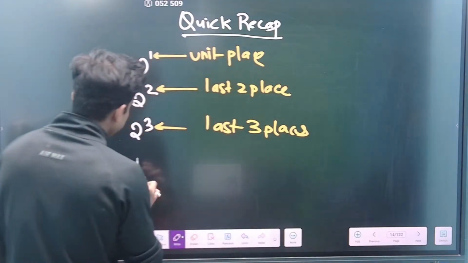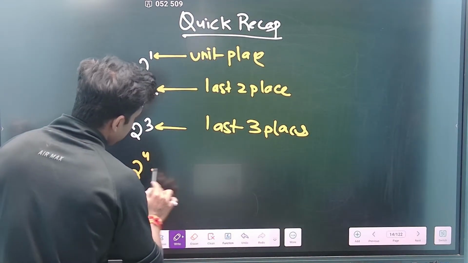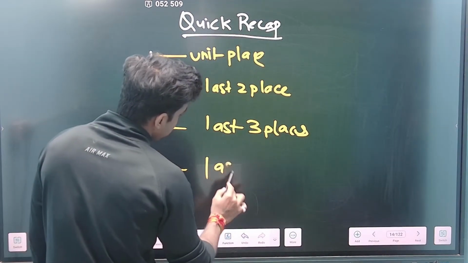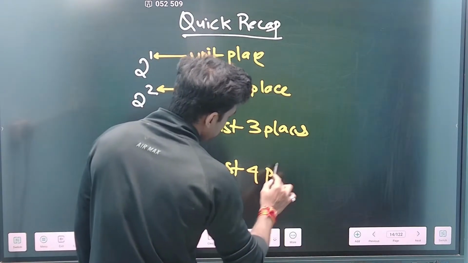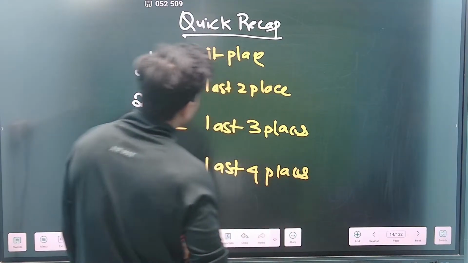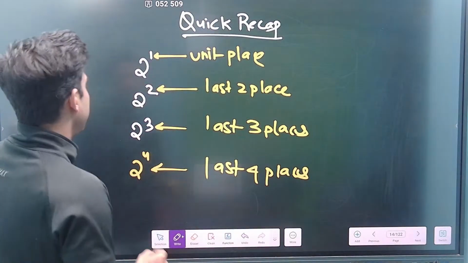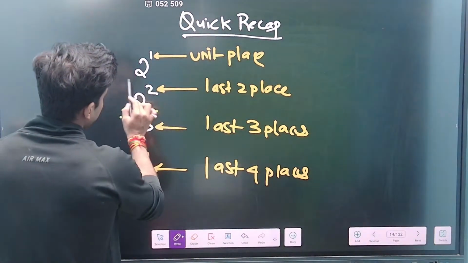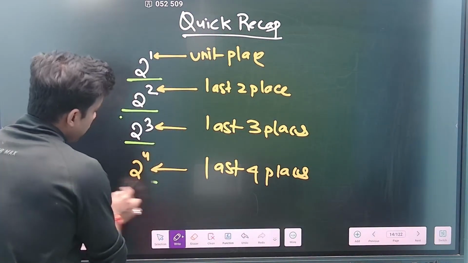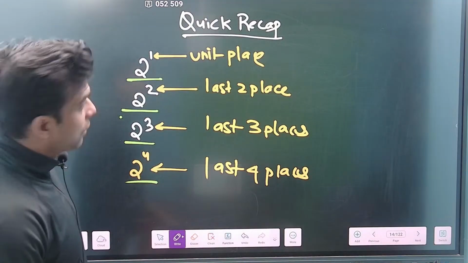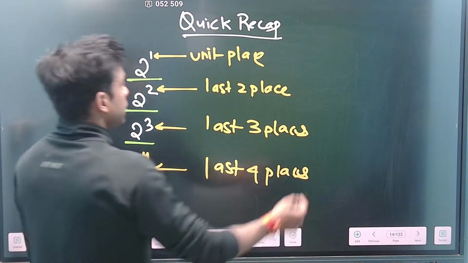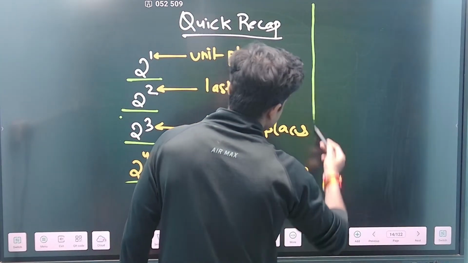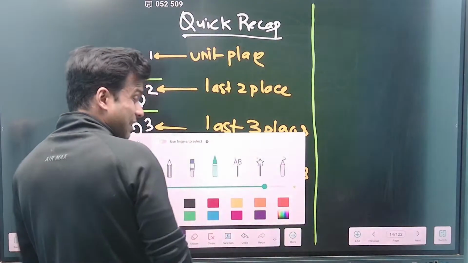If I say 2 to the power 4, which is 16, then you look at the last 4 places of the number. This is the quick recap of what we have done right now. Everyone try to memorize it in this class only, so that you do not need to follow other classes for that. Now let's come to the sum rule.